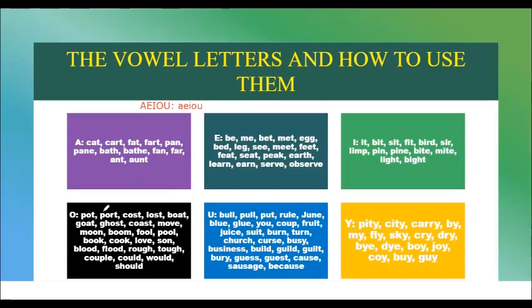Then comes the vowel letter O. We have various varieties of sounds derivable from this vowel letter O. We have the short O as in pot and the long O as in port.